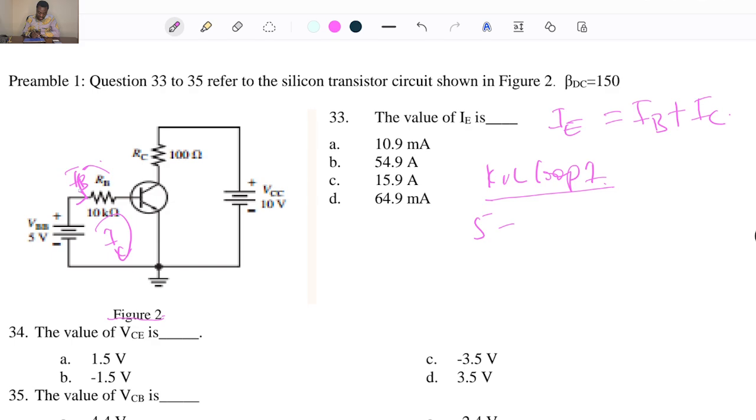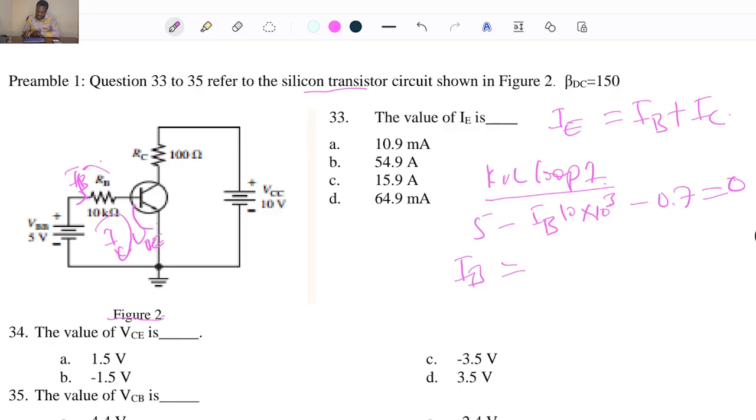The voltage across this, that will be IB times the resistance there, which is 10 kilo. Right? Then minus VBE, which, since this is silicon, is going to be 0.7, equals 0.